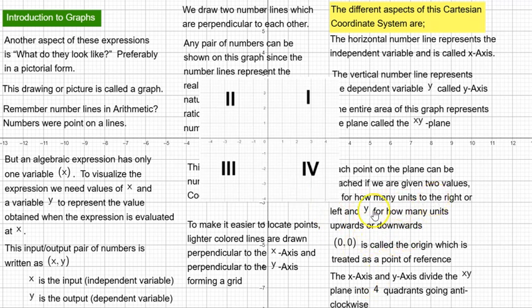Now let's see how it looks when we plot points. So basically, identifying or locating a particular point for a given pair of x and y values is called plotting the graph.